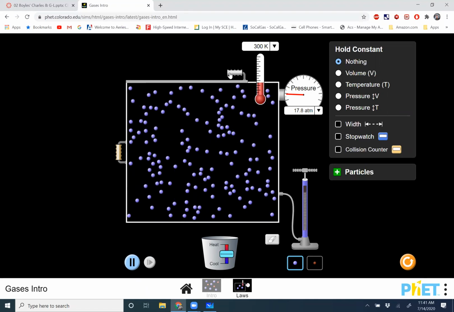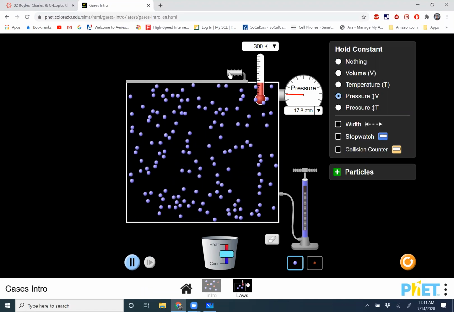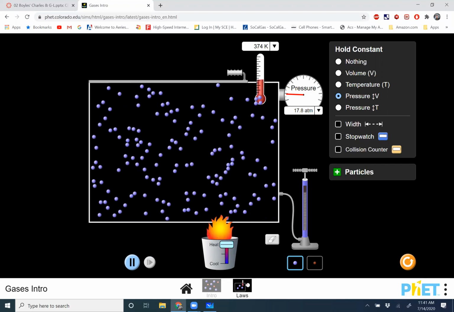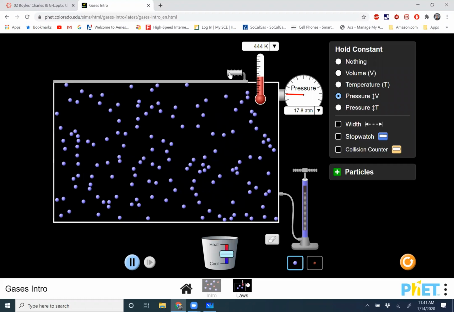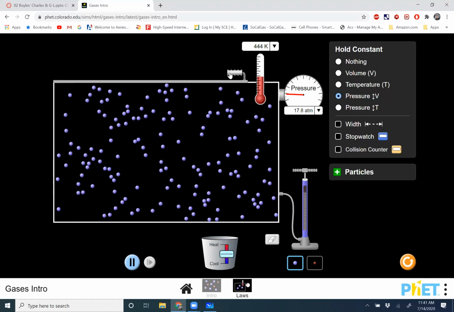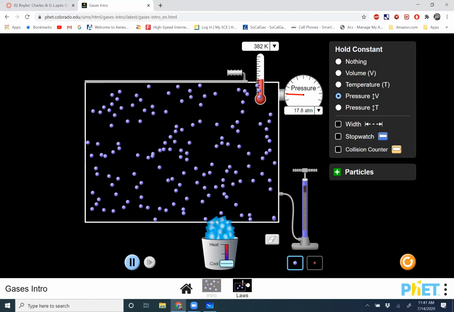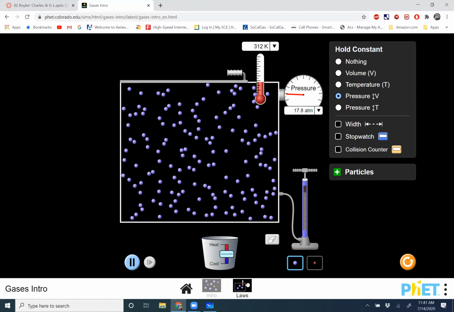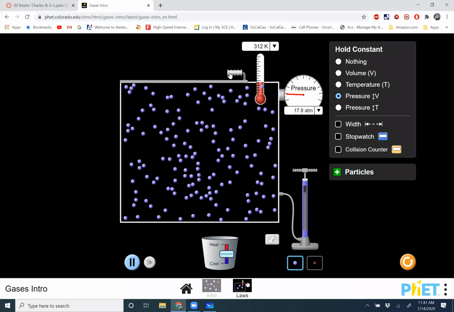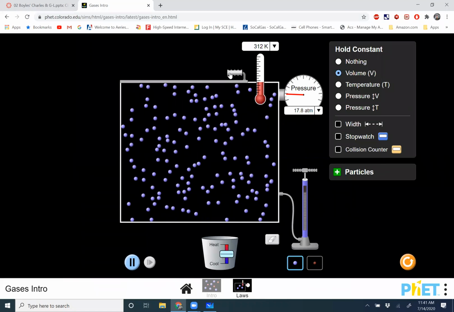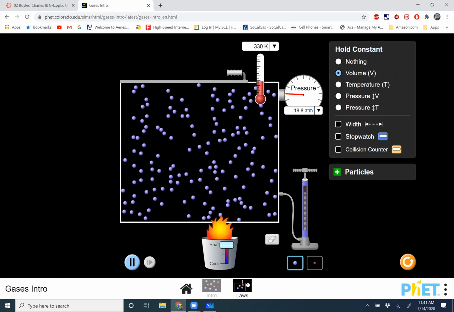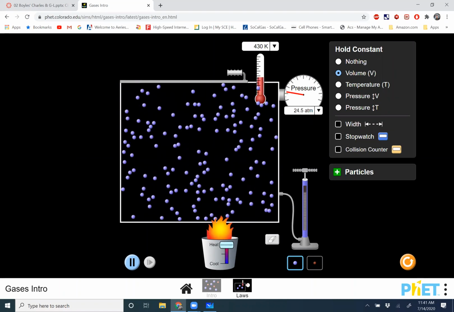Then, in terms of Charles' law, we started to see that if you heat the gas up, the volume of the gas increases, and if you cool the gas down, the volume of the gas decreases. Now, if we keep the volume constant and we start heating this up, what do you notice is happening to the pressure?